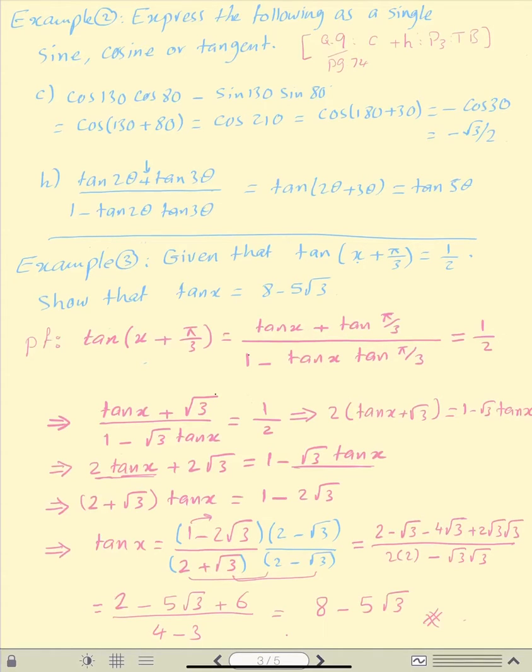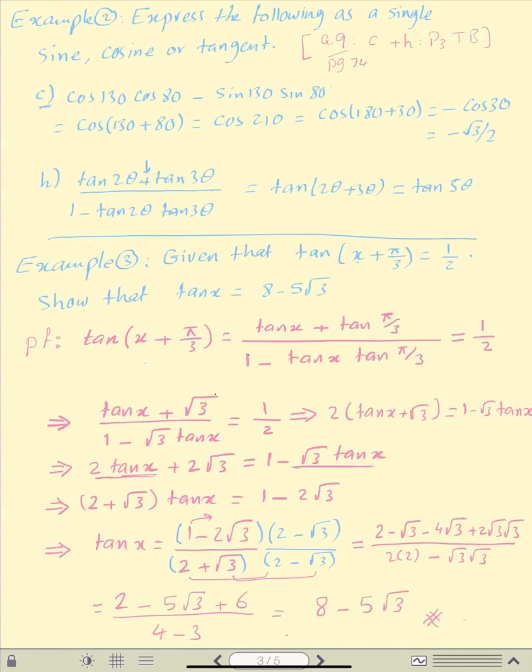All right, we are given expressions like the first one in part C. First part in this example, which is part C in the question in the book: cosine 130, cosine 80, minus sine 130, sine 80. So cosine, cosine, so it's cosine.